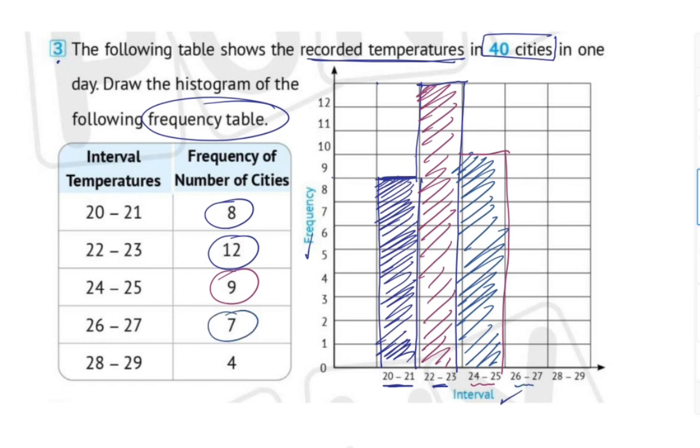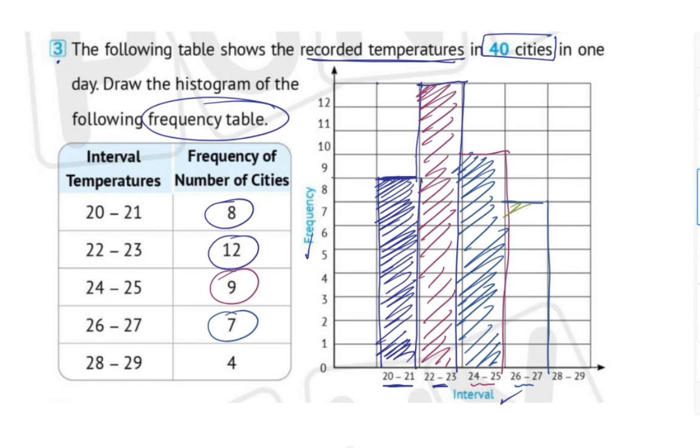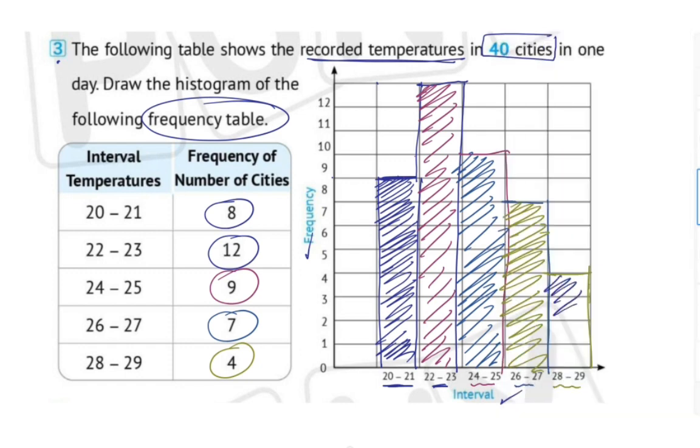You have 8 here, and here we have 7. Okay, last interval, 28, 29, we have 4: 1, 2, 3, 4 frequency. So we finished drawing the histogram with your ruler and your pen.